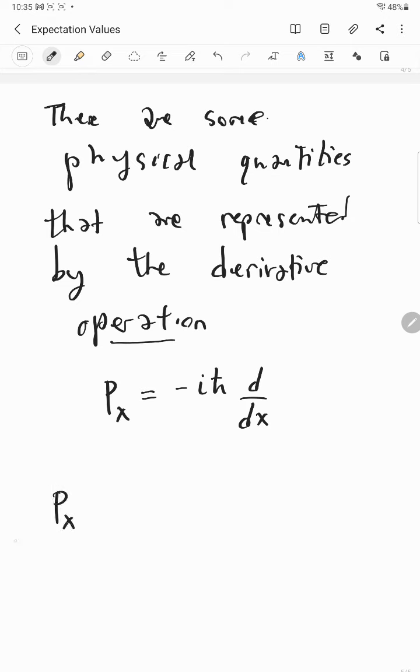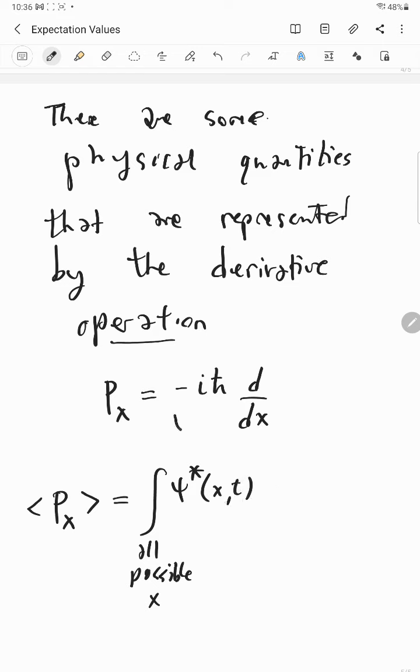The way that you use it is you say that I can ask the wave function for the average value of the momentum, and it's going to be equal to the integral over all possible x values of psi star, which remember is a function of x and t. Then you sandwich our operation in between psi star and psi, and you finish by adding it up, multiplied over the small intervals dx.